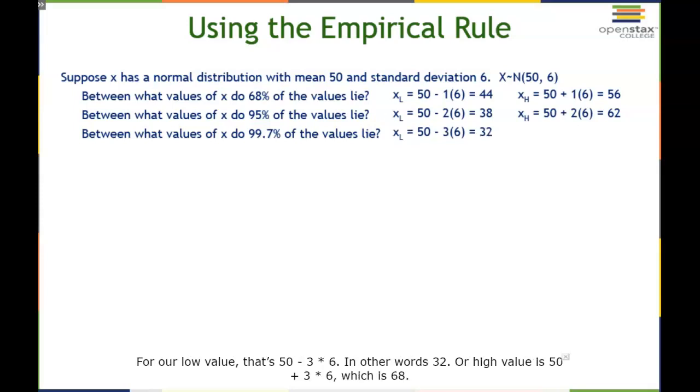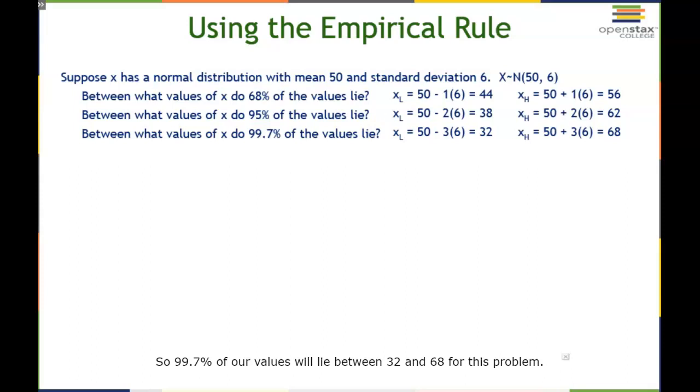For our low value, that's 50 minus 3 times 6, in other words, 32. Our high value is 50 plus 3 times 6, which is 68. So 99.7% of our values will lie between 32 and 68 for this problem.